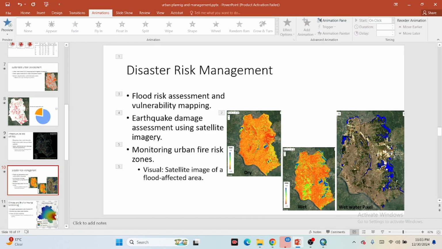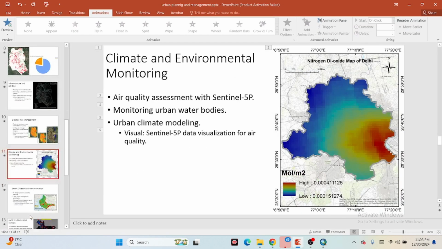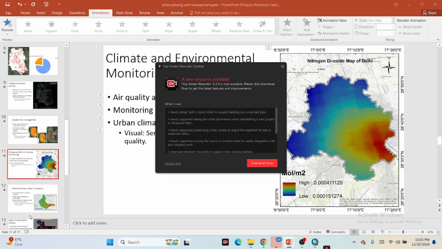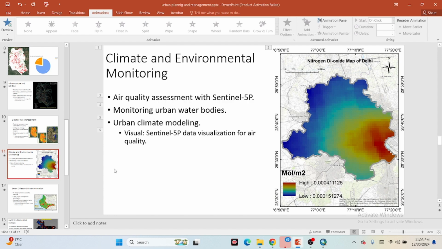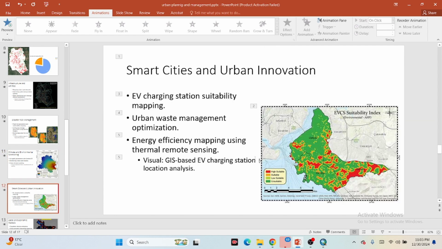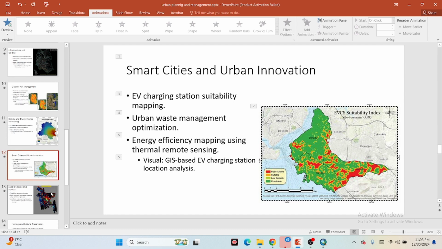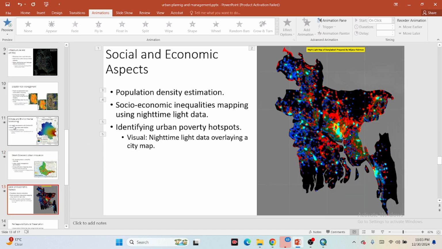Air pollution, different types of gases, is already completed. The electric vehicle charging station suitability mapping is not completed. We also did the suitability analysis using Google Earth Engine, so I will show you that, and also night light map data, if not complete.